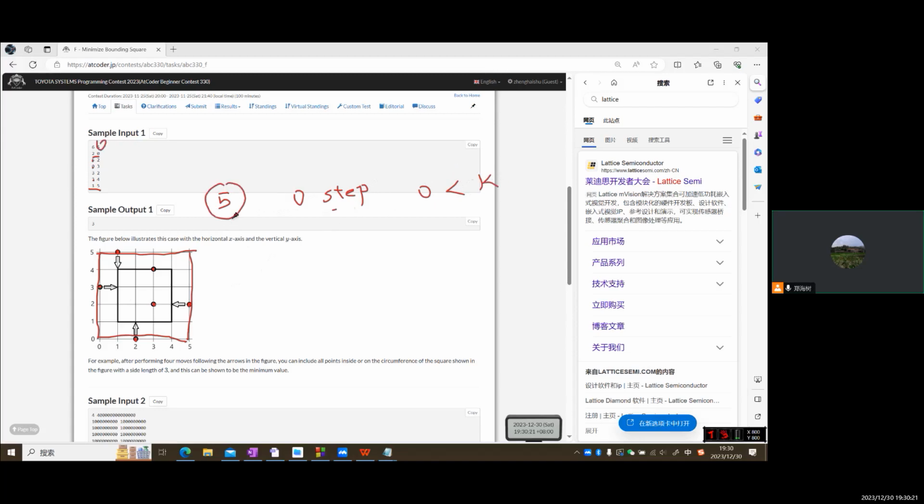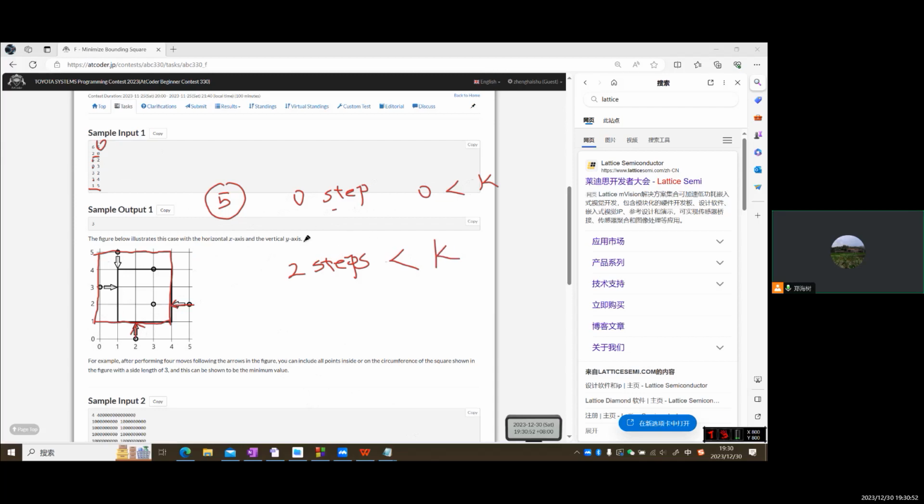And now we need to minimize the length of the square side. If we have a length of 4, like this, we only need the first step and the second step, 2 steps. It's smaller than k.